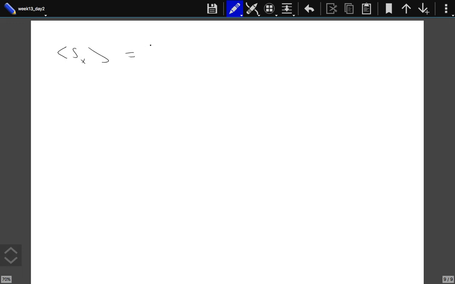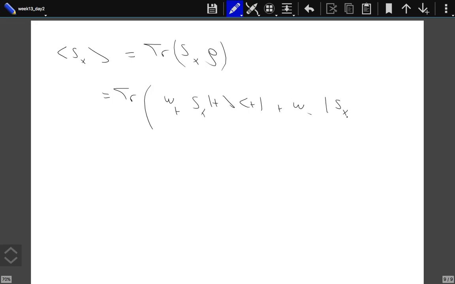The average of Sx is equal to the trace of rho Sx, which is omega plus times the plus-plus element of Sx, plus omega minus times the minus-minus element.